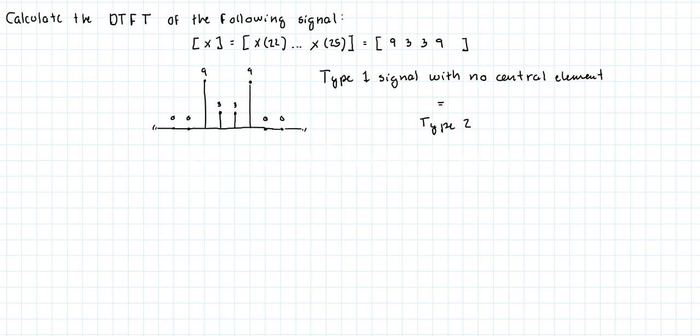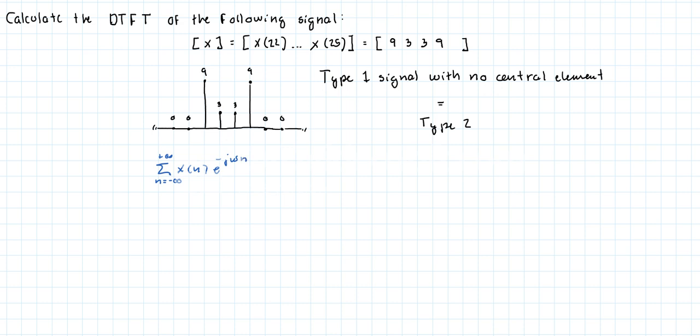We're going to start by applying our discrete time Fourier transform formula, which I'll write here: the sum from n equals minus infinity to plus infinity of x[n] e to the minus j w n.